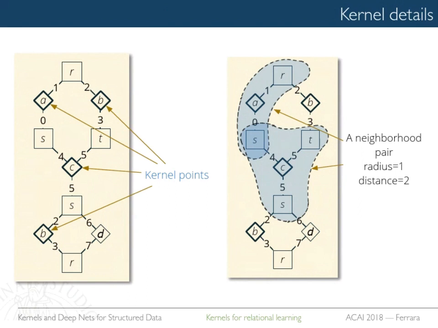So I want to extract features not everywhere, but only in particular places of the graph, like, for example, in the crucial entities or in the crucial relationships. Those could be my kernel points, and then I will do the pairs of balls in all possible pairs of kernel points. So it's like NSPDK, but focusing on some particular nodes, which I can declare in Prolog somewhere in the program.